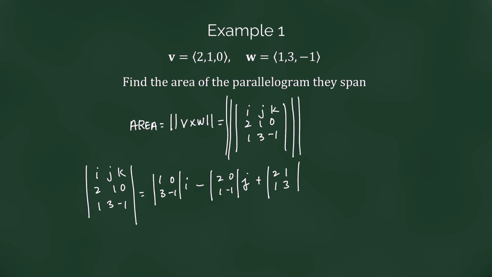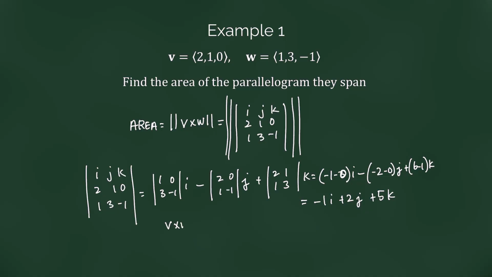This should be 1 and 3 times K, which is going to be negative 1 minus 0 times I minus negative 2 minus 0 times J plus 6 minus 1 times K, which is negative 1I plus 2J plus 5K.